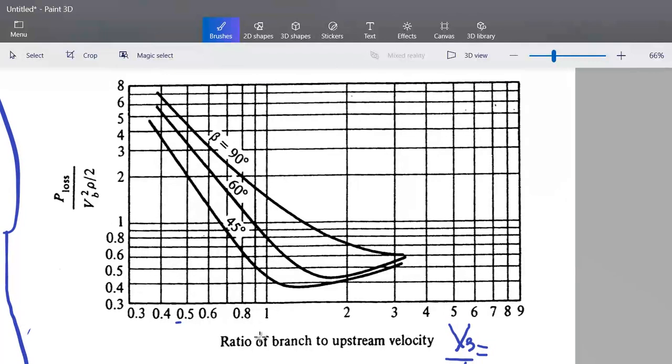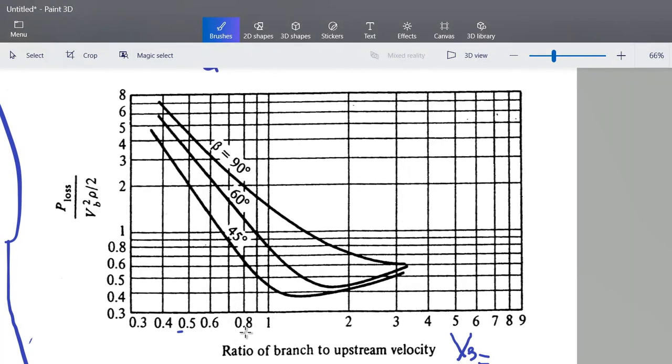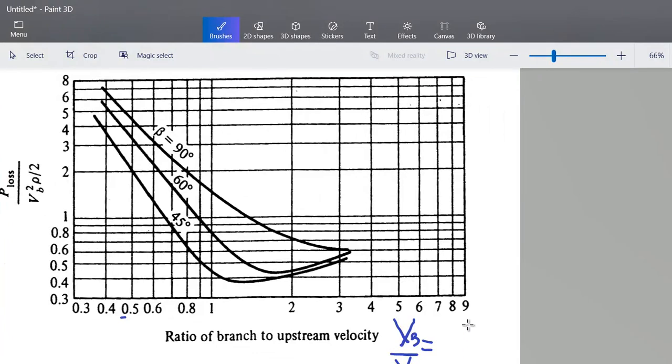For example, let's say V3 is faster, so let's put 9 meters per second divided by the main duct, that is maybe around 5 meters per second.